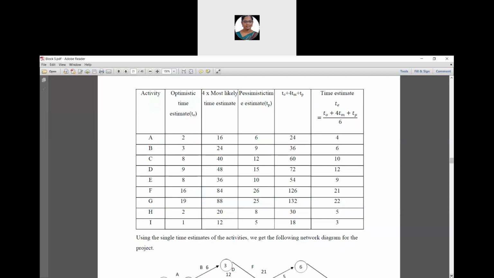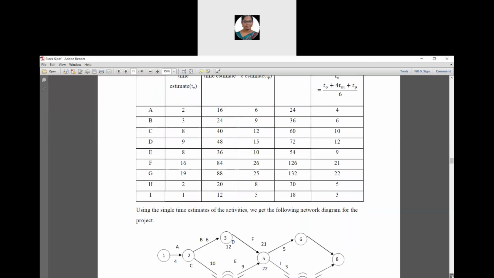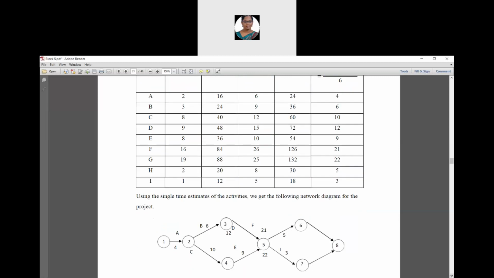Using the single time estimates of the activities, we get the following network diagram for the project. We are going to draw the project network. For activity A, it has no predecessor activity, and we draw a path from node 1 to node 2.